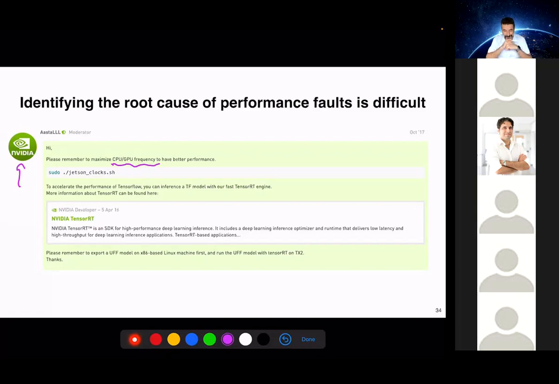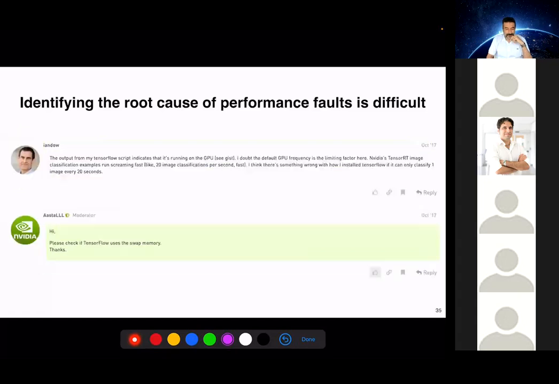The developers of this hardware. But surprisingly, after this guy tried this suggestion to get a better boost, it didn't work, right? It didn't work, and then NVIDIA suggested another option, swap memory in this case.